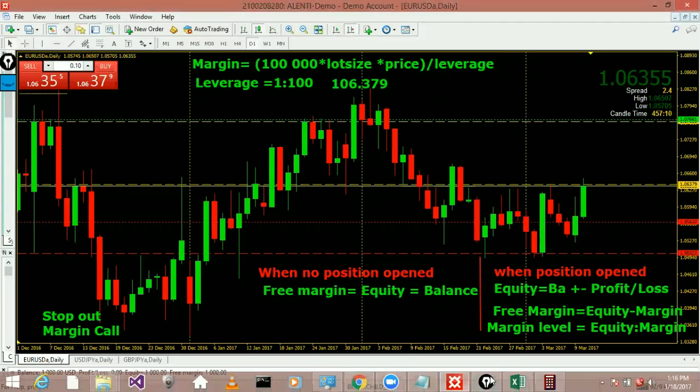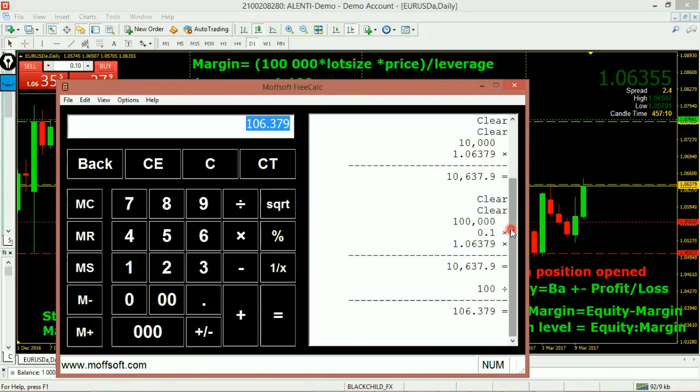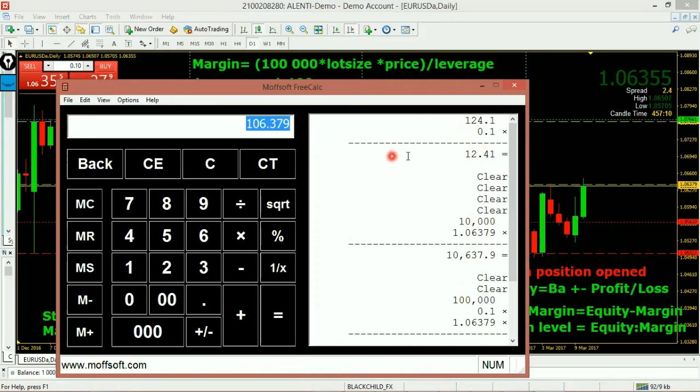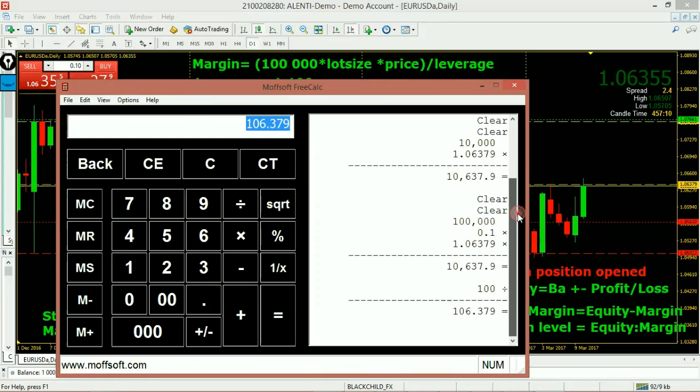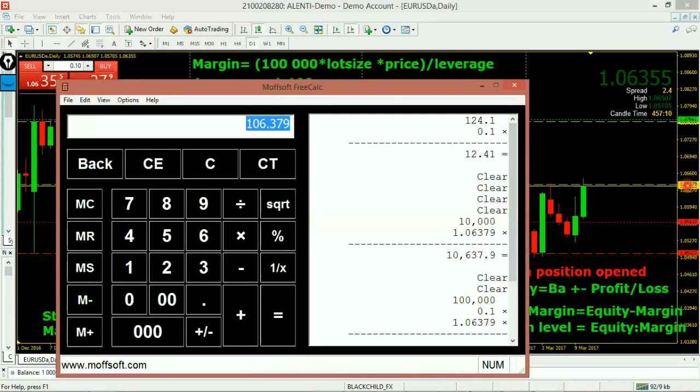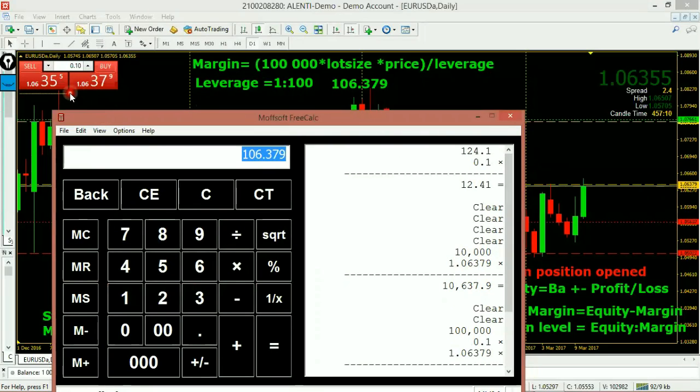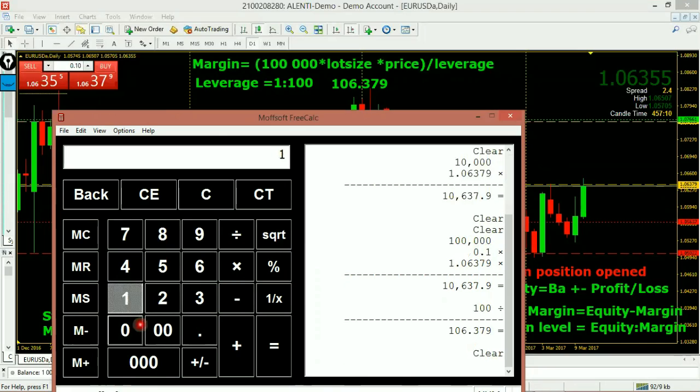Demonstrating with the example that we had initially. Remember, we had opened our transaction at that ask price, which is 1.06379. And our margin, we said it's $106.38.